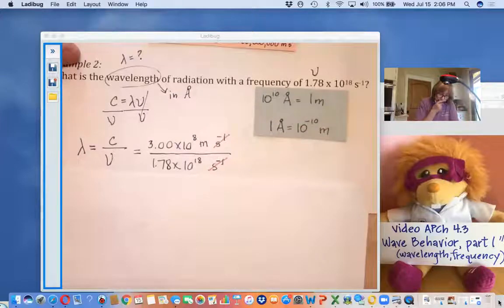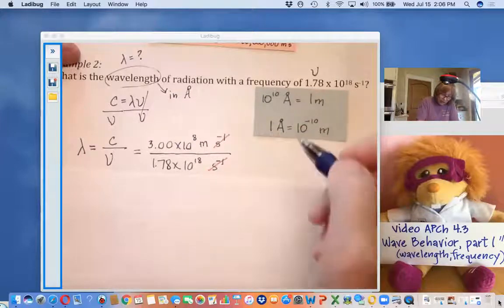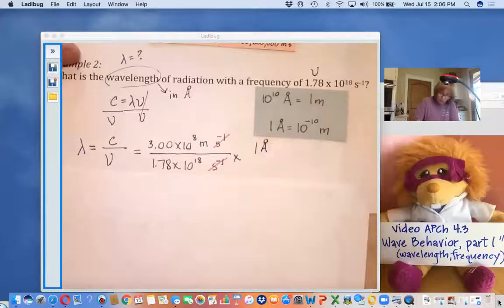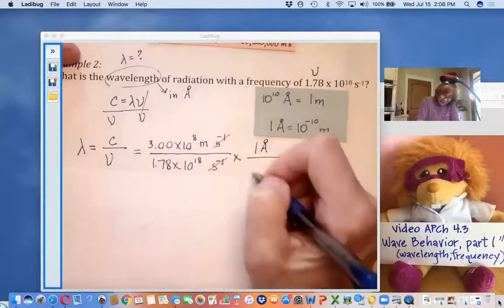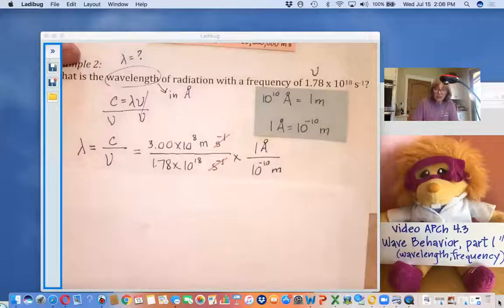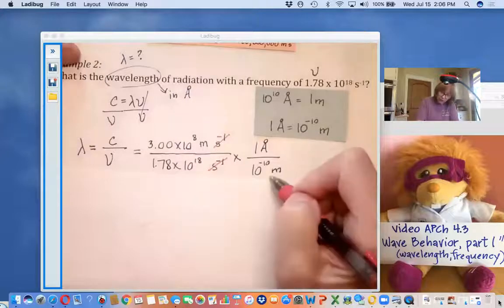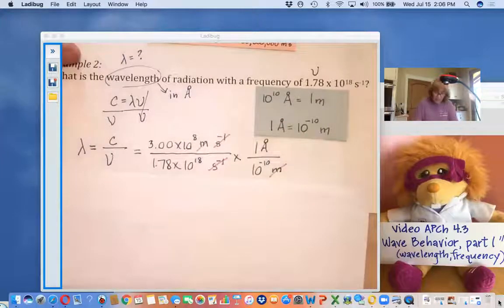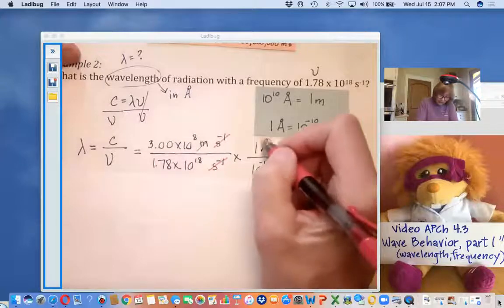So I will have 1 angstrom in the numerator and 10 to the minus 10 meters in the denominator. This unit meter is going to divide out, and I'll be left with the unit angstrom.